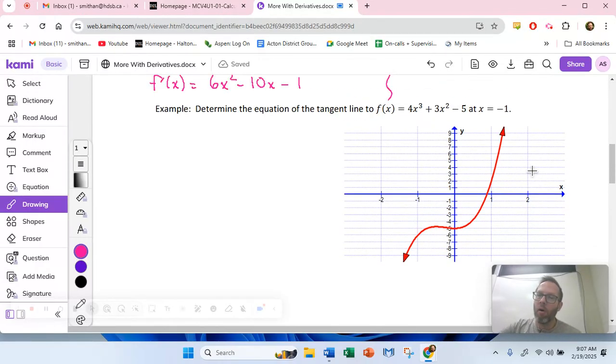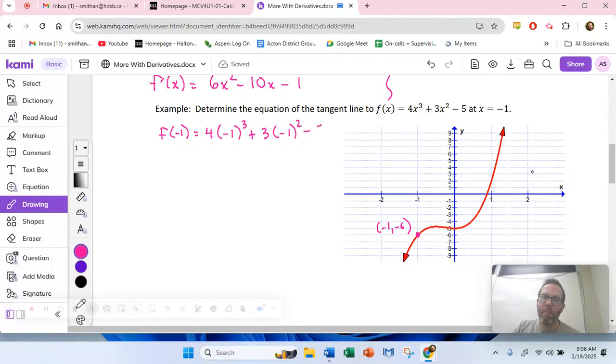So first of all, what point are we dealing with? It's x equals -1. From the graph, we can see it's (-1, -6), but I'm nice and I usually provide graphs. If you didn't have a graph, then you guys would just find the y value the way you've been doing it forever. Plug x equals -1 into the function, and it should give us -6.